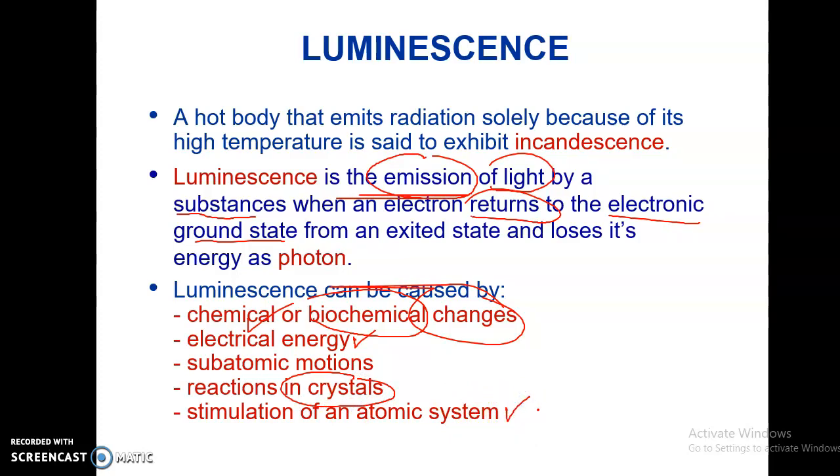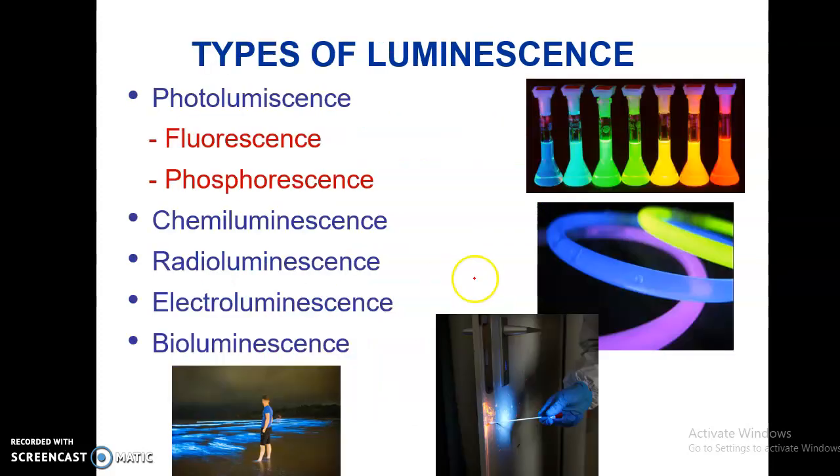Let us see the examples of luminescence. The one covered in this topic is photoluminescence, whereby we can see the emitted radiation, but because it's in an instrument, we cannot see it with the naked eye, but the instrument will see that. Photoluminescence covers fluorescent as well as phosphorescent.